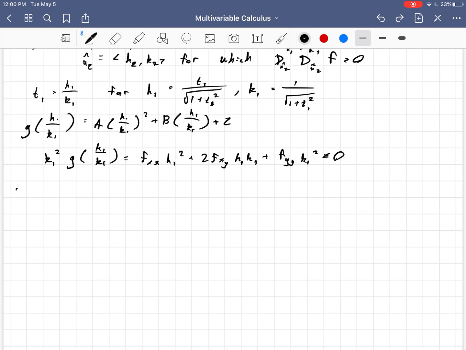Okay, and so similarly, using this exact same logic, we would find a t sub 2.